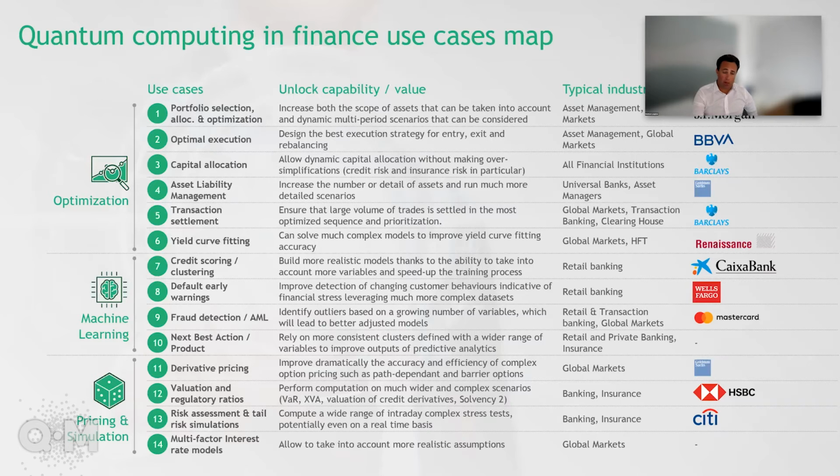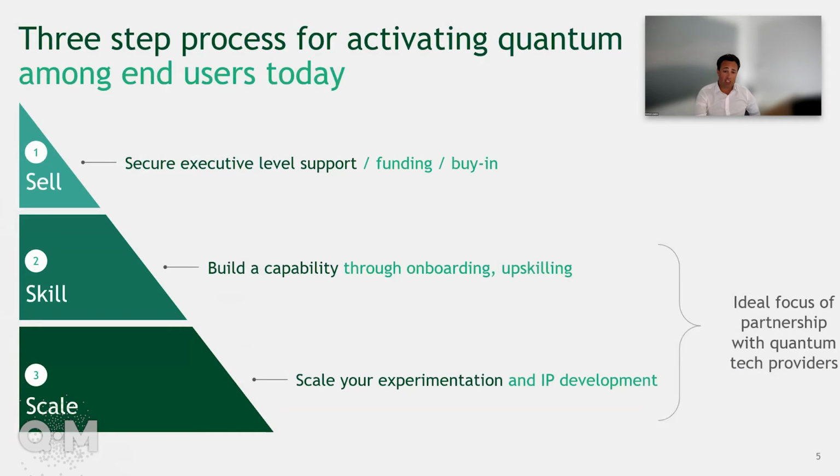More so than the use cases themselves, I want to mention what the process typically looks like in terms of activating quantum computing at these companies across industries. It's a sell, skill, and scale kind of process.